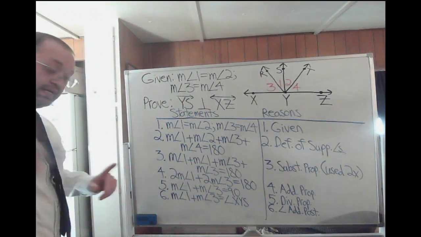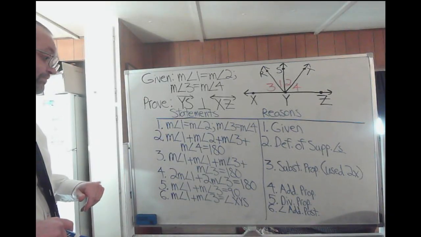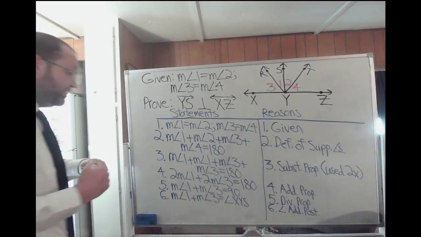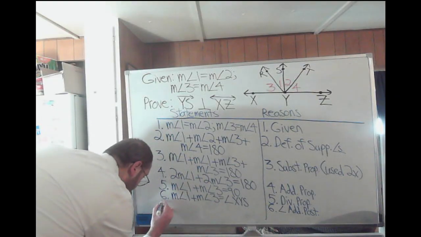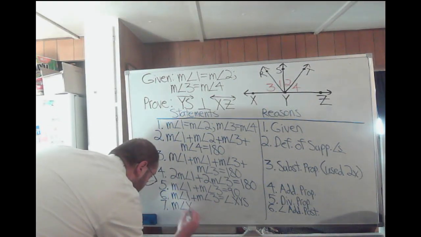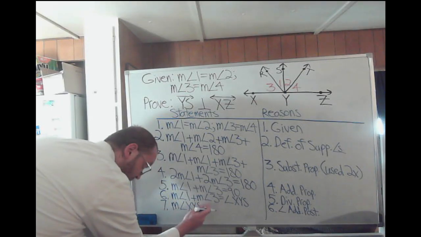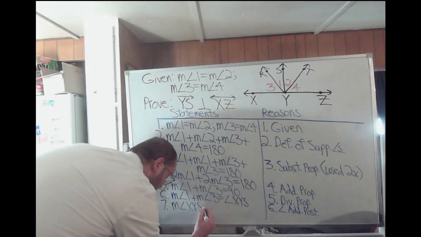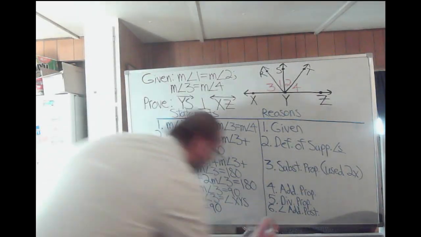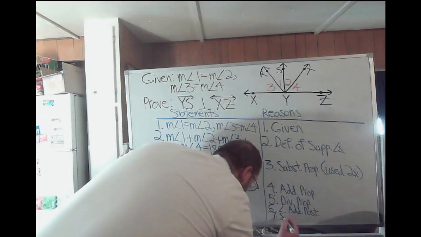And now by substitution, I can say that the measure of angle XYS equals 90, because if the measure of angle 1 plus the measure of angle 3 equals XYS, then that means it equals 90 by a matter of substitution.